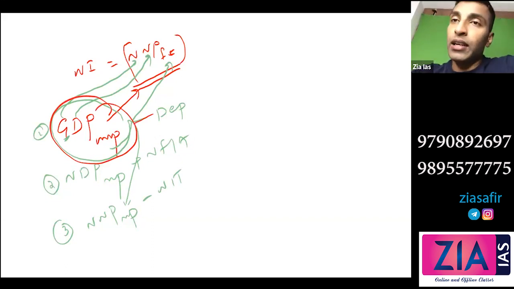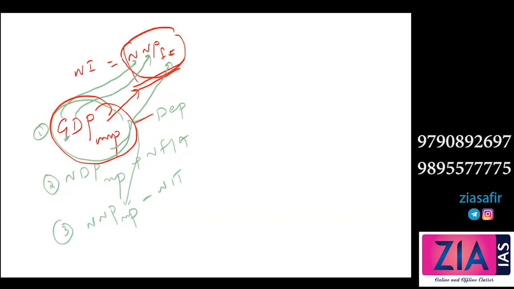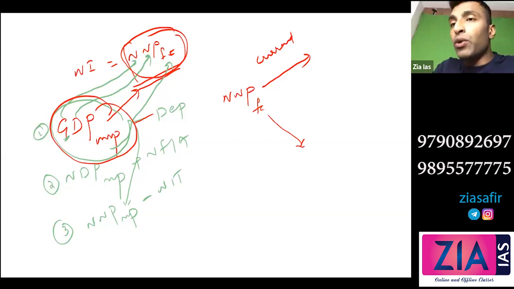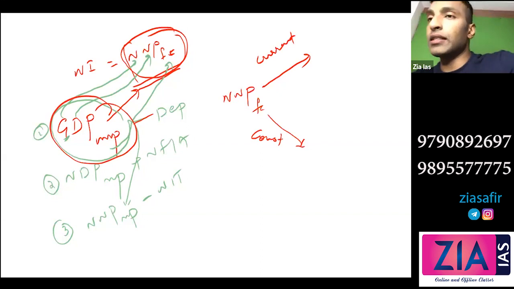So I hope you understood how we get this. Now we got this much. So national income is this: NNP at factor cost is your national income. Now you can take this at current prices, that means the prevailing price, which includes inflation. And you can also take it at constant price. We discussed this yesterday.